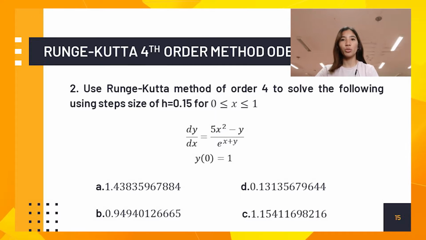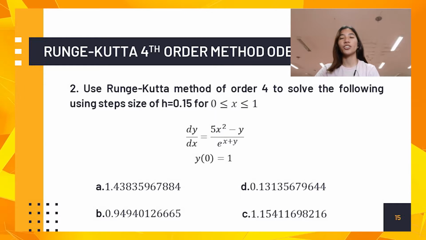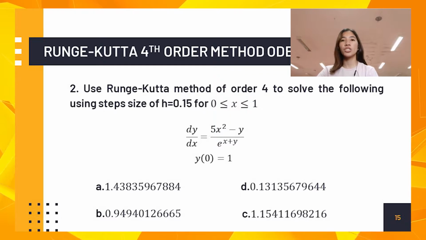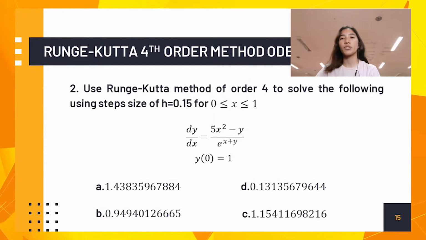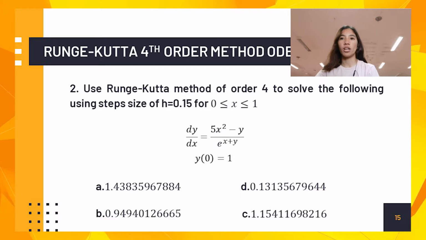For problem number 2, use Runge-Kutta method of order 4 to solve the following using step size of h equals 0.15 for x greater than or equal to 0 and less than or equal to 1. The equation is given as dy over dx is equal to 5x squared minus y all over e raised to x plus y, with y0 equal to 1.